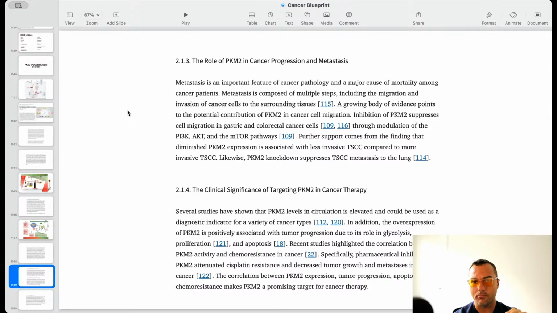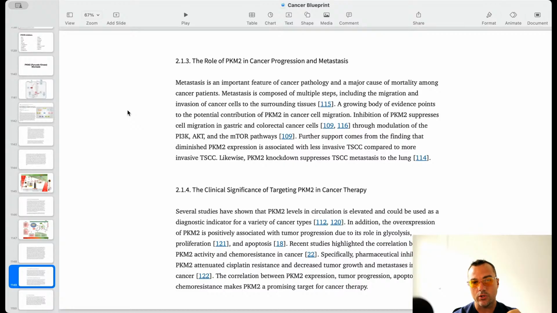Inhibition of PKM2 suppresses cell migration in gastric and colorectal cancer cells through modulation of PI3K, AKT, mTOR pathways. Further support comes from finding out that diminished PKM2 expression is associated with less invasive TSCC, I'm guessing tongue squamous cell carcinoma. I'm not sure what T stands for, but I'm guessing it's tongue squamous cell carcinoma, compared to that of the more invasive TSCC.